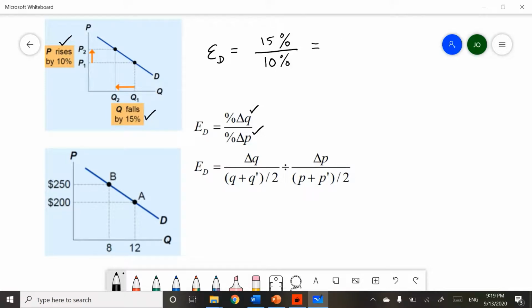This will give us 1.5. The percentages cancel off. One thing to remember about elasticity of demand is that it has no units.